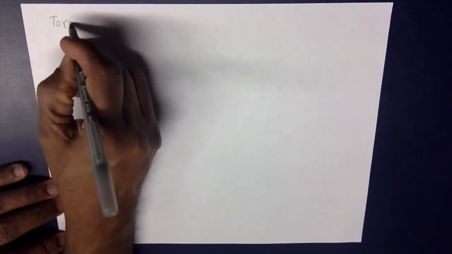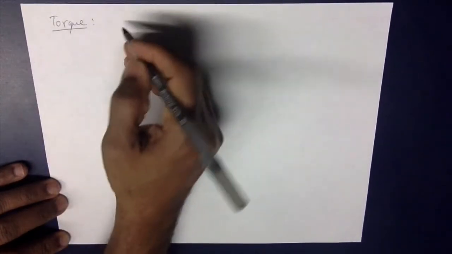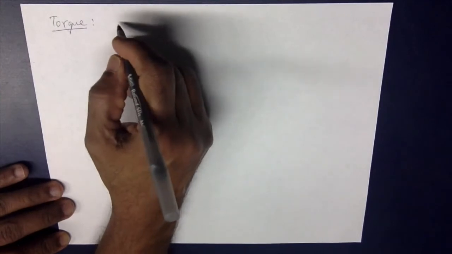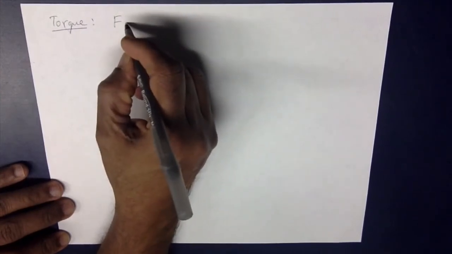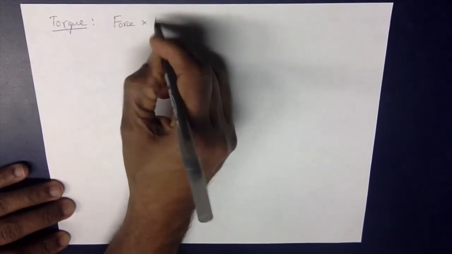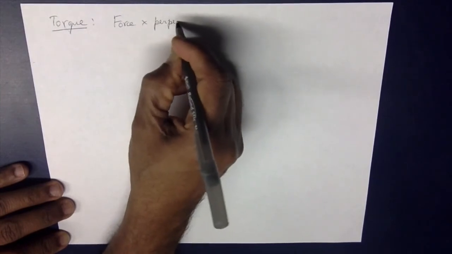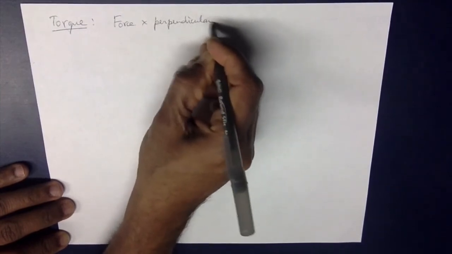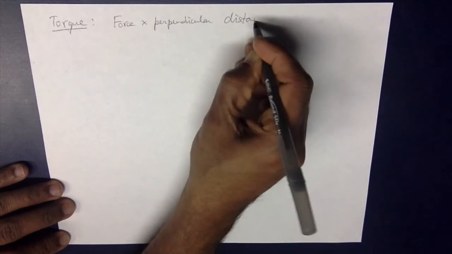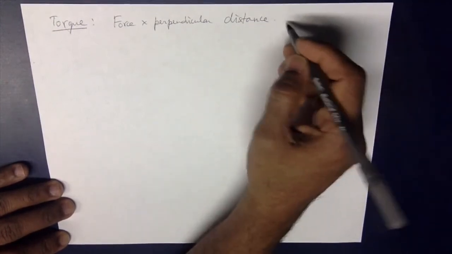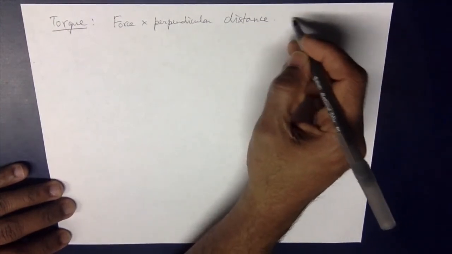Now the other concept is torque. We learned about torque. Torque is the force times perpendicular distance from the fulcrum or the pivot.